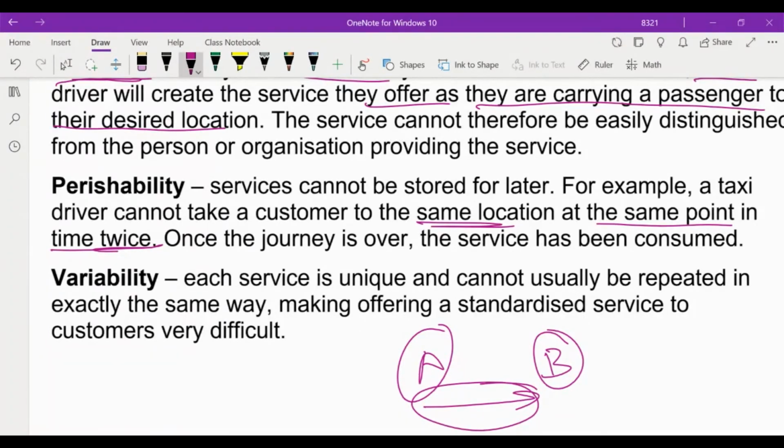You are flying from city A to B. You missed your flight. Flight is a service, okay? If you missed your flight, you can't say that, okay, I have stored it in my boarding pass and now I can avail it in the next flight. No, you cannot. So services in this way are very perishable in nature. These cannot be stored for later.